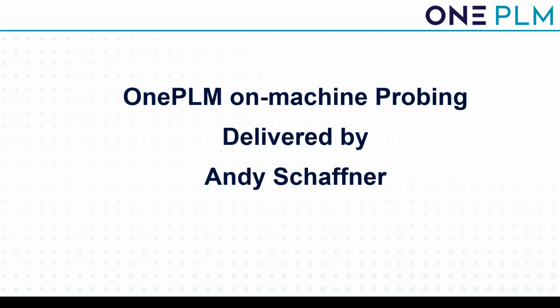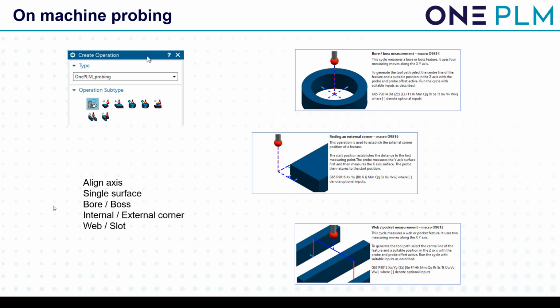Okay, so let's look at what we've actually got here. First of all, we've created a set of operations. We've looked at creating a line axis. We've done a single surface measure, which allows you to do X, Y, or Z. We've got a bore and boss, an external and internal corner, and we've created a web and a slot.